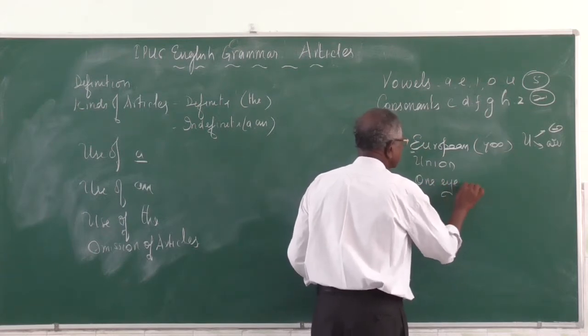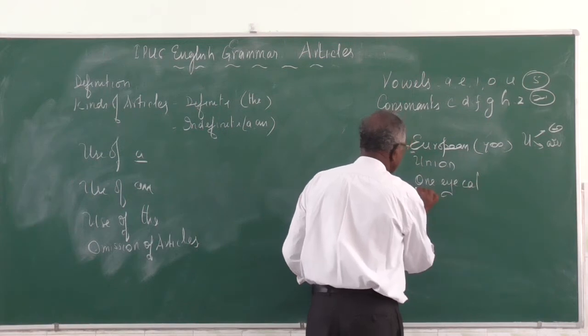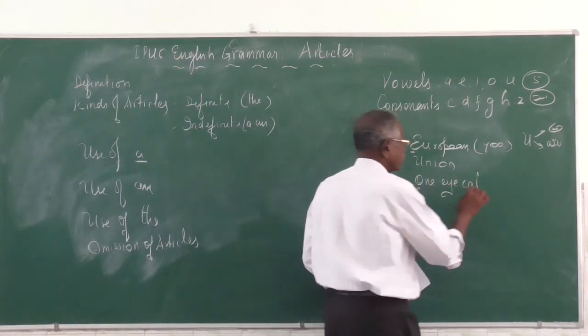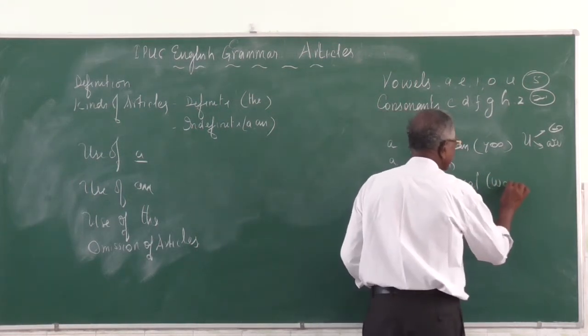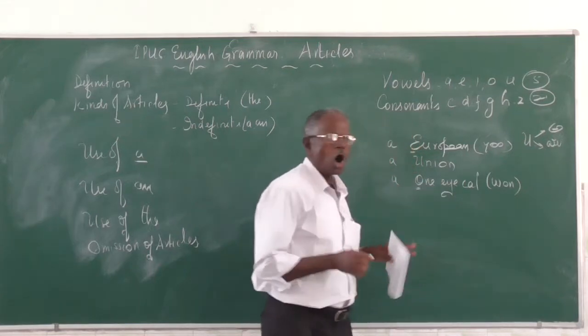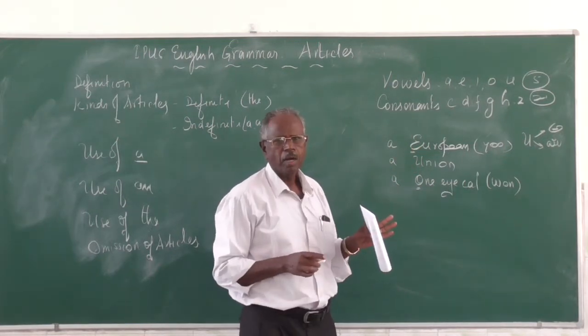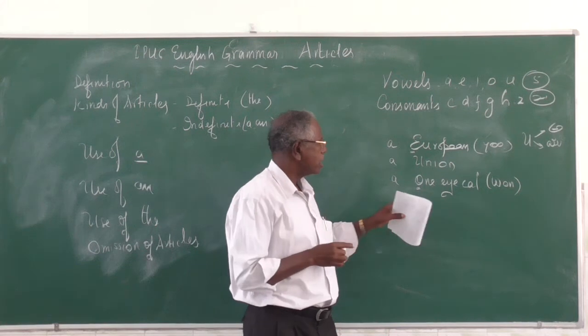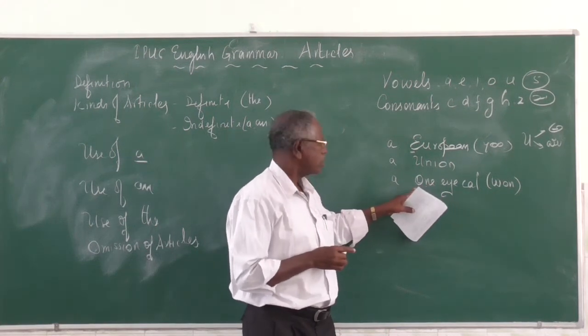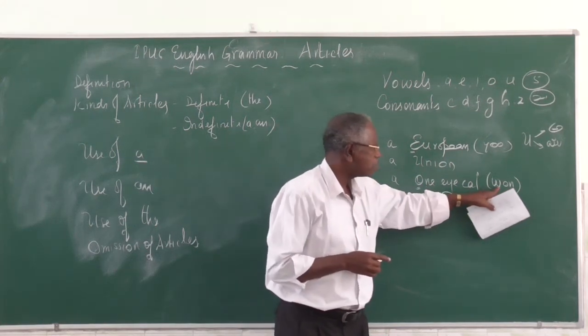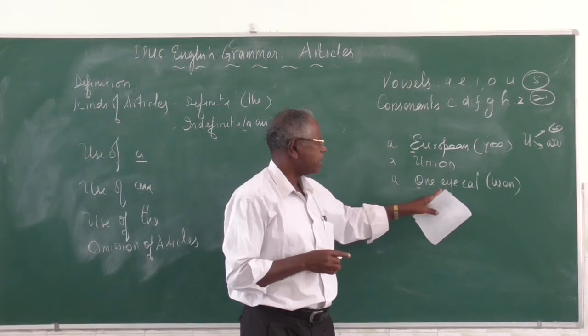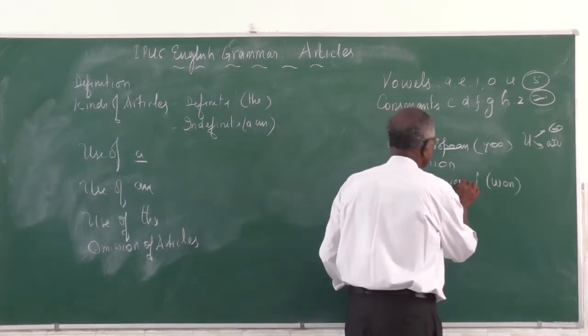Then a one-eyed cat. See, this O has got W sound. It's not like the orange. Orange has got O sound. An orange, an ox. But here, wa sound is one, same sound. One-eyed cat.